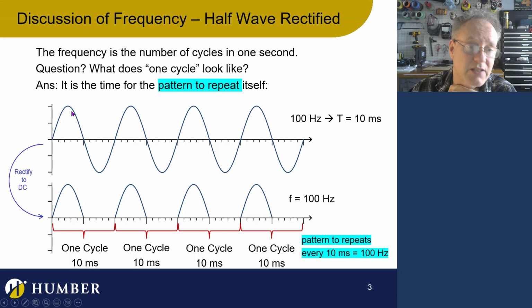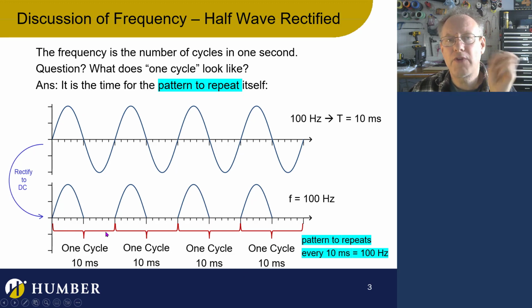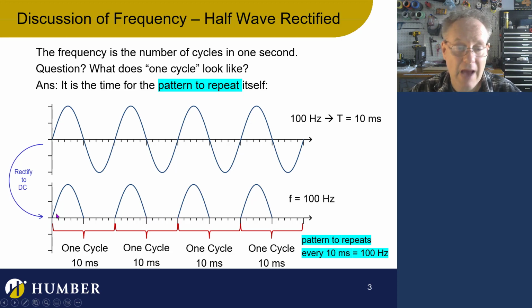The time it takes to make this shape, which is one waveform, is called the period. Now, for the output, the period is the time for the pattern to repeat itself. This pattern looks like this: I've got this waveform, then 0, then this waveform, then 0. That's the pattern. This waveform plus the 0, the flat line, is the pattern.